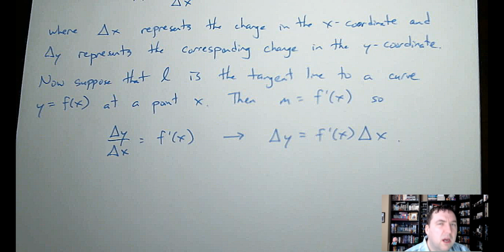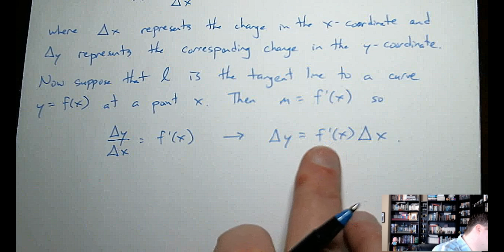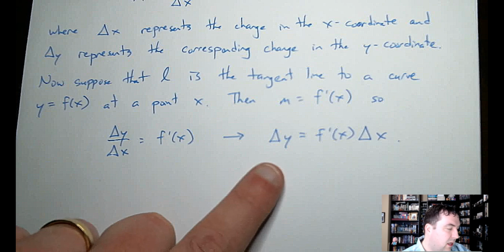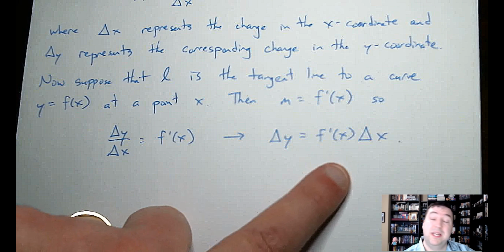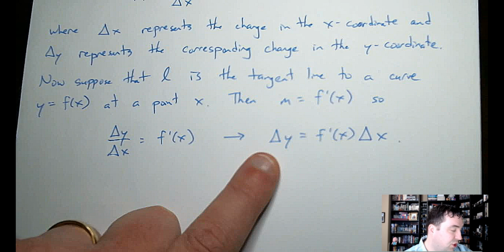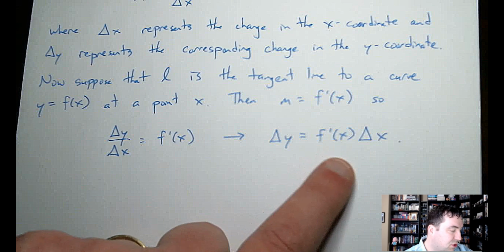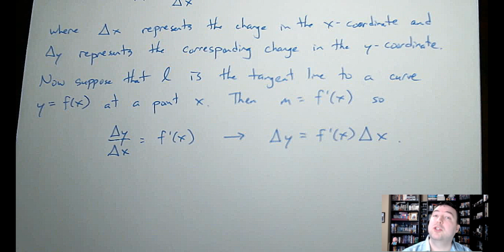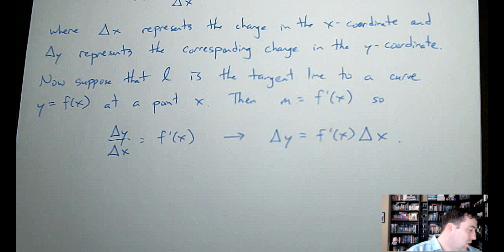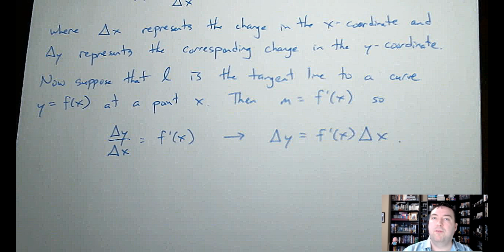But we've got to be a little bit careful here, because remember that the tangent line, that's only valid at a specific point. And so, in general, while this is going to be a true statement for the tangent line, that the change in the y-coordinate along the tangent line is always going to be equal to the value of this derivative times the corresponding change in the x-coordinate, we can't take that formula and generalize that to the curve y equals f of x itself.